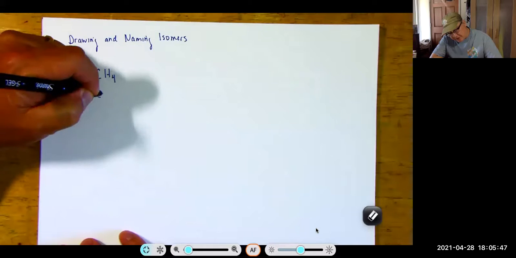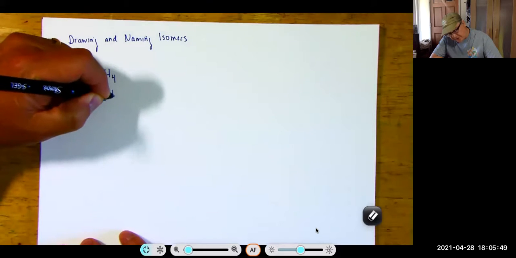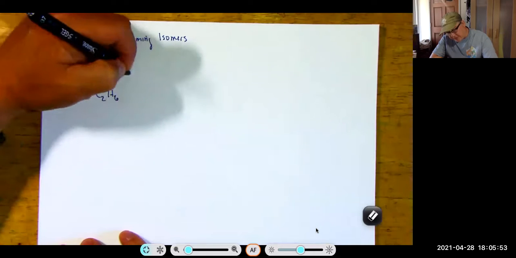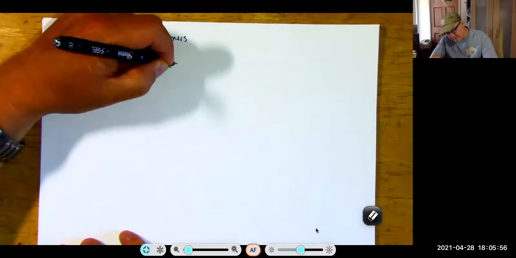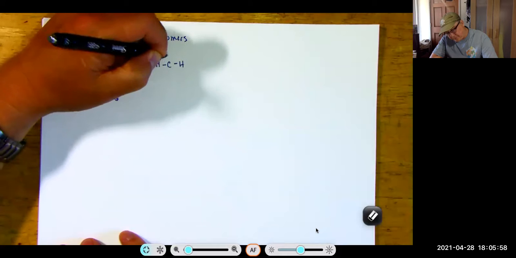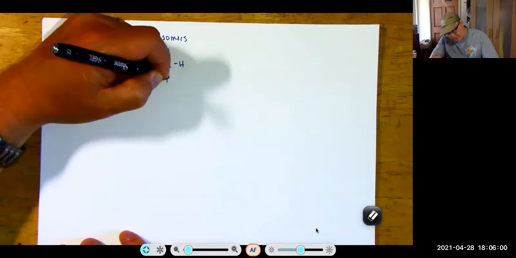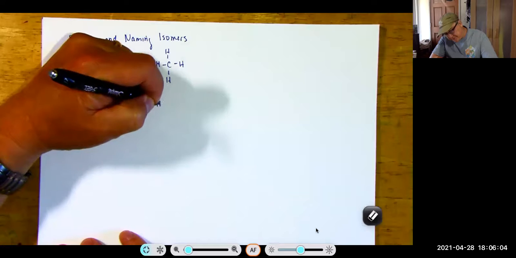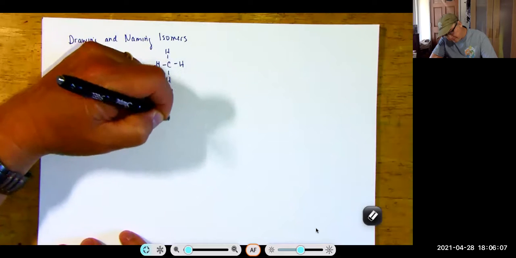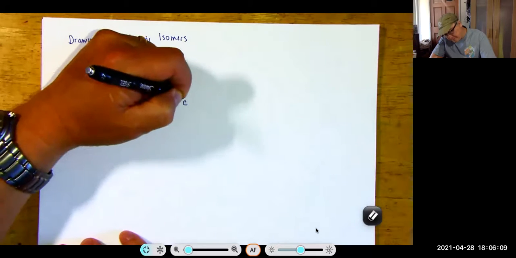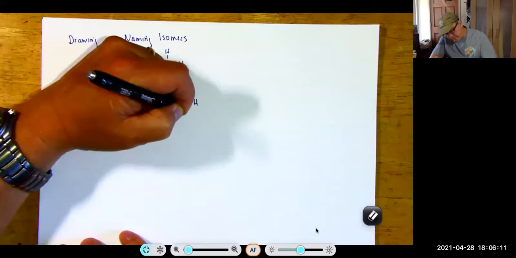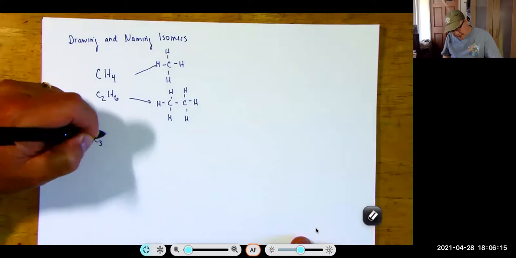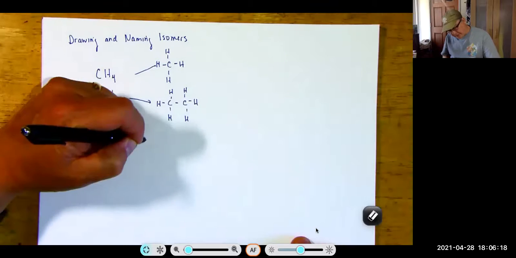And when we talk about C2H6, there's only one. And I might as well draw this guy out. It looks like this. And here, there's only one. It looks like this. Now for C3H8, there's only one, and it looks like this.